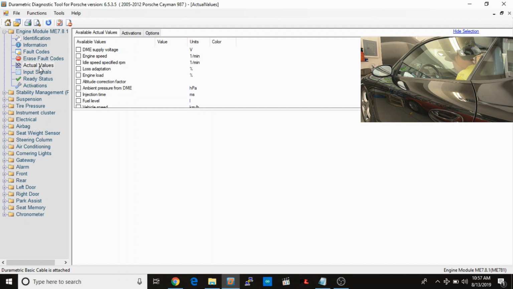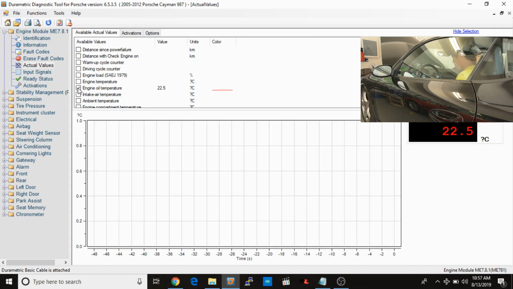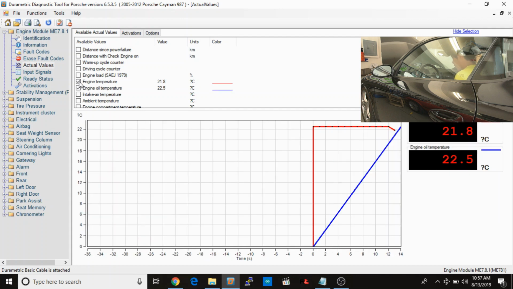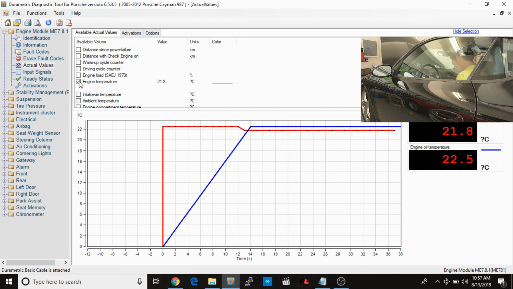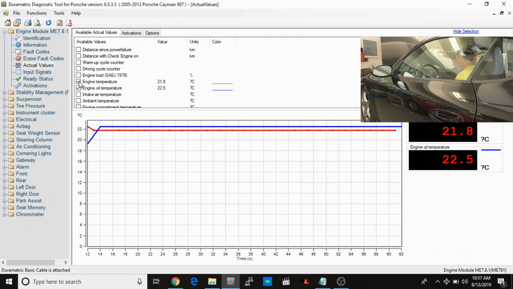Not all software is going to look like this, so you're going to have to hunt around and find what gives you what you want. For instance, in this software, engine oil is clearly called out as engine oil temperature, but engine temperature is not called out as coolant. Sometimes there's different terminology.